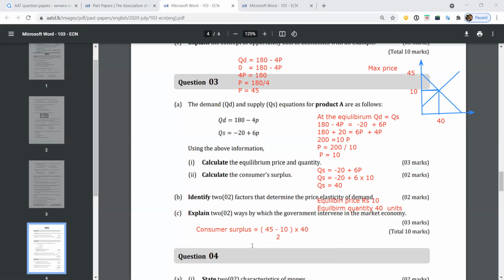That is 700. Here, rupees 700. This is the consumer surplus.